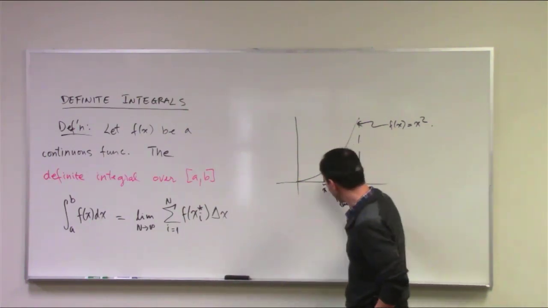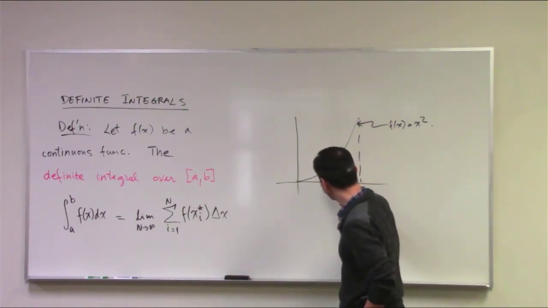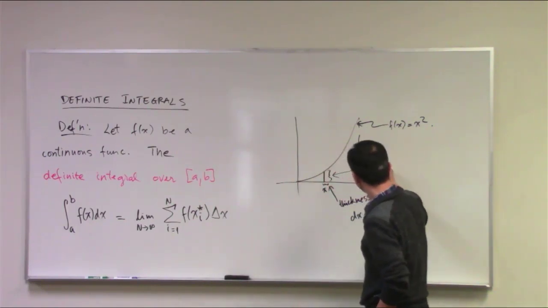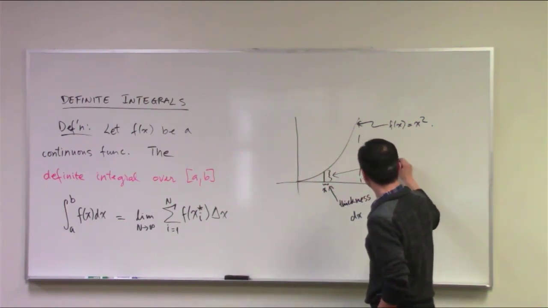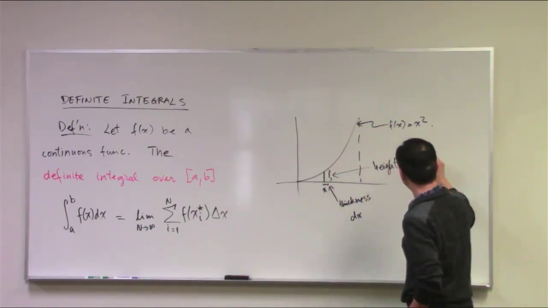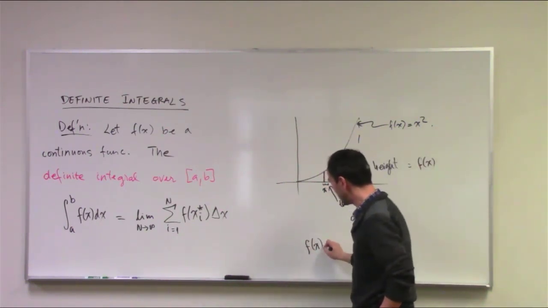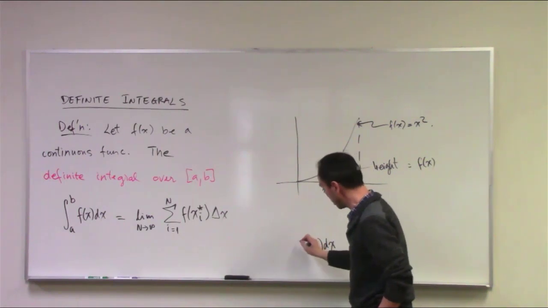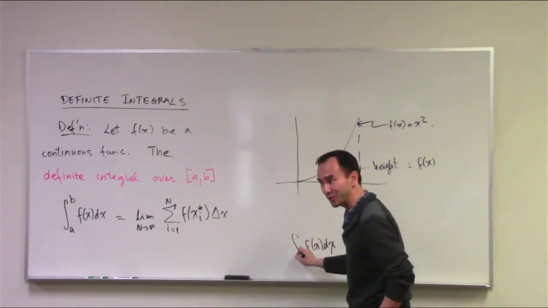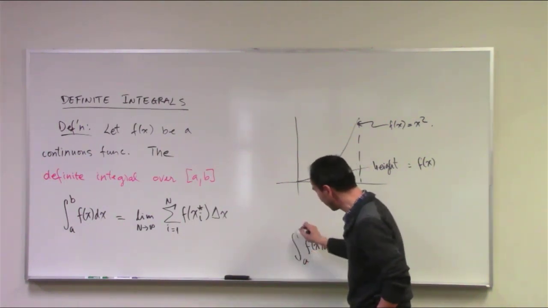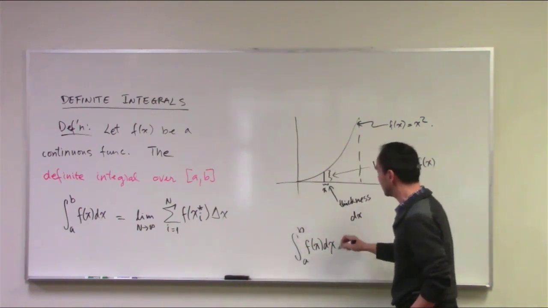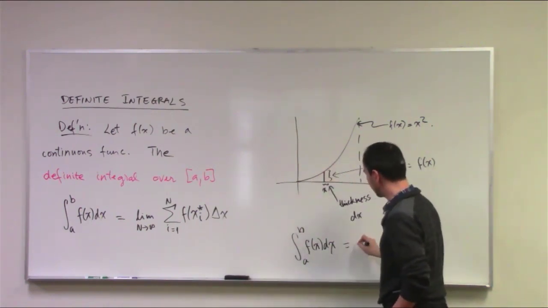The height here is the function value at x. So height multiplied by thickness, we're accumulating. That symbol is now accumulating all of those stripes' areas from A to B, and for this problem we get the area.